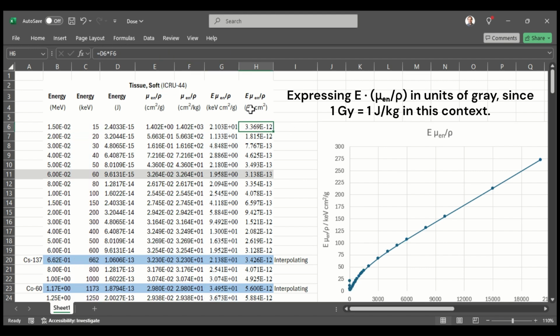Expressing the product of energy and the mass energy absorption coefficient in units of Gray, since 1 Gray is defined as 1 joule per kilogram in this context.